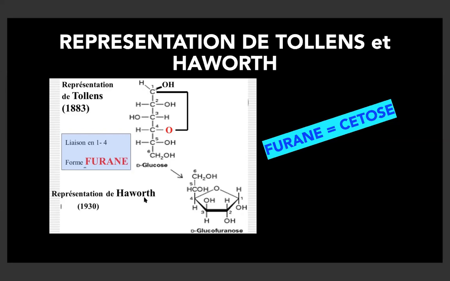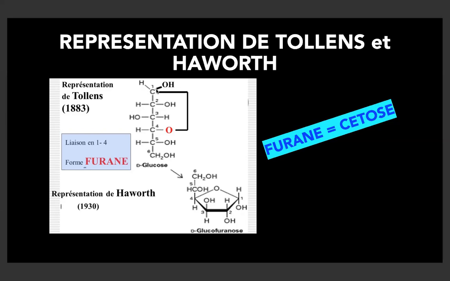With representation de Fischer, we represent the carbons that are asymmetric. For now, bosses, we shouldn't go into much detail. Just know that this structure is almost like the representation de Fischer, but I'll give a bit of explanation. With representation de Tollen, we do not represent the carbons that are asymmetric.